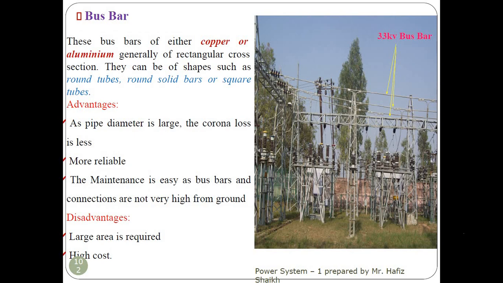Talking about bus bar, I have already shown you what we mean by bus bar. The bus bars are of either copper or aluminium, generally of rectangular cross section, but they can be of shapes such as round tubes, round solid bars or square tubes. Advantages: as the pipe diameter is large, the corona loss is less.